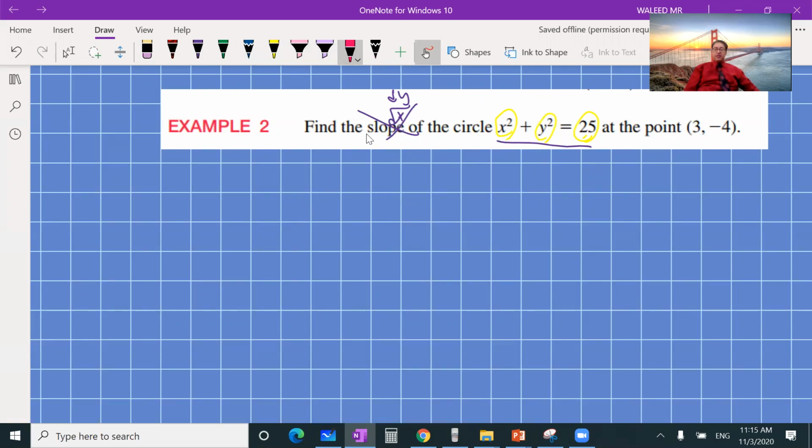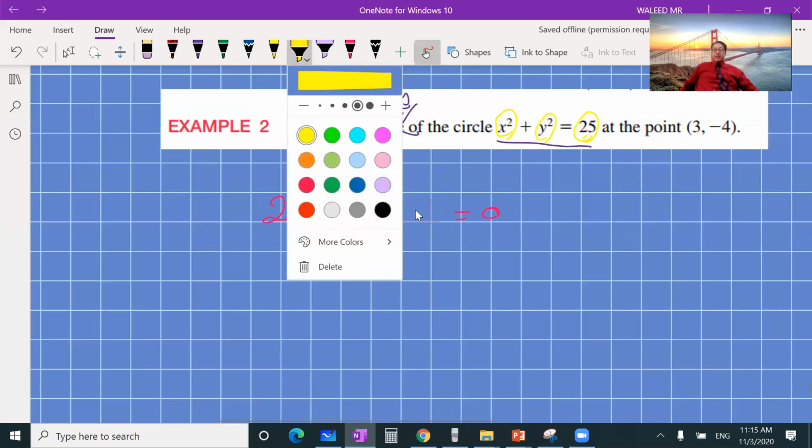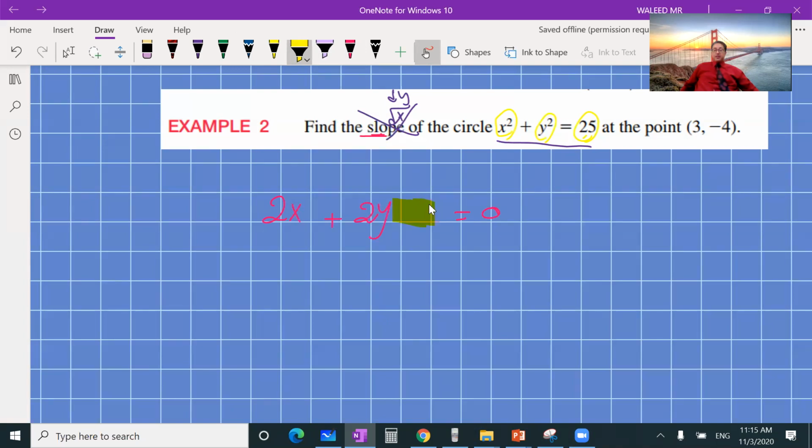What is the derivative? For the word slope, we want dy over dx. Now it's 2x as it is, plus 2y as it is, times dy over dx, equals 0. Mister, pay attention: 2y is not enough, we have to multiply by dy over dx.